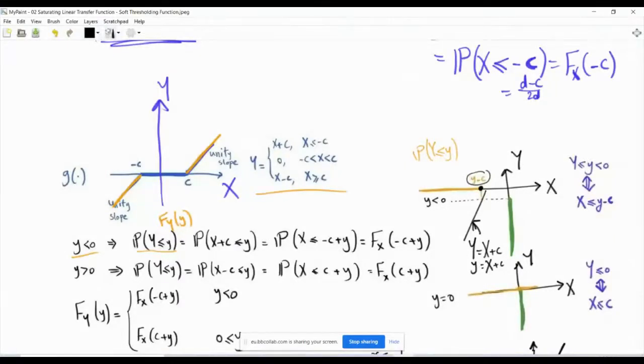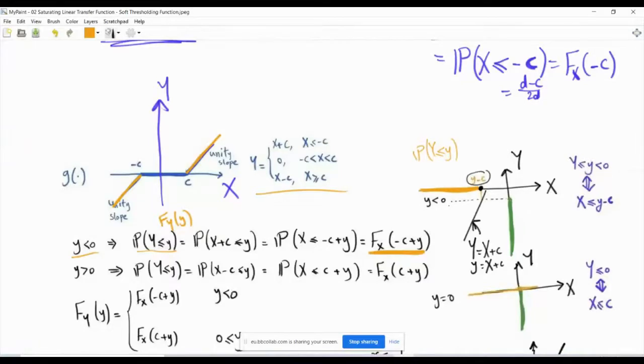And so big Y less than or equal to small y, with y negative, is equivalent to big X less than or equal to small y minus c, from minus infinity up to this point. So the probability that big Y is less than or equal to a negative small y will be the CDF of X evaluated at y minus c.